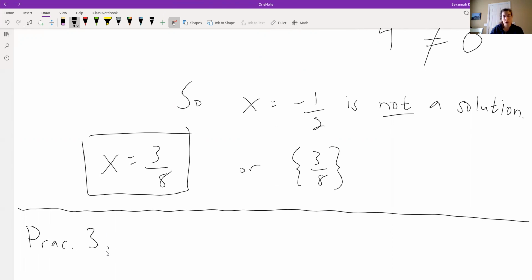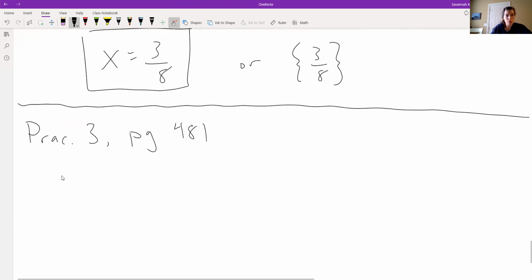Okay, the third practice problem here is going to involve a cube root, which is also good that we're not getting too far into this before we temporarily leave square roots behind.